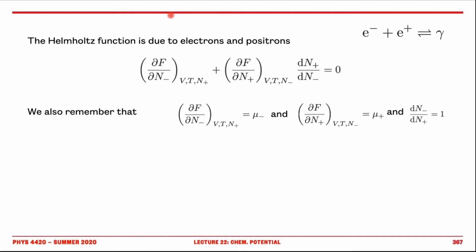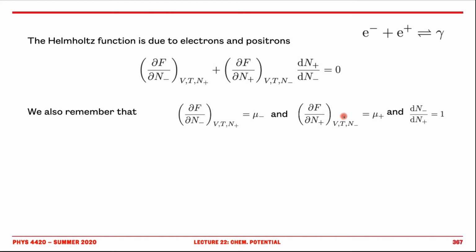Of course, we also remember from what we've done before that the change in Helmholtz free energy with respect to the number of particles is the chemical potential of that particle. That was one of the key results that we found, and we can apply this both to the electrons and to the positrons.